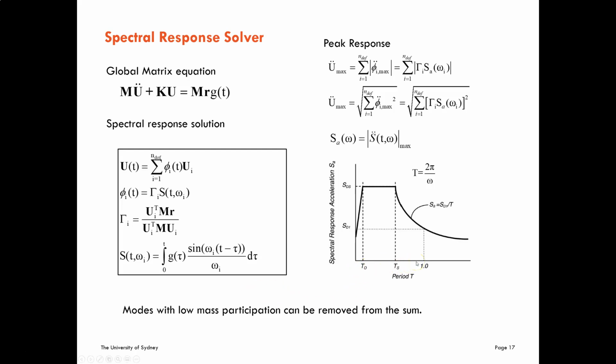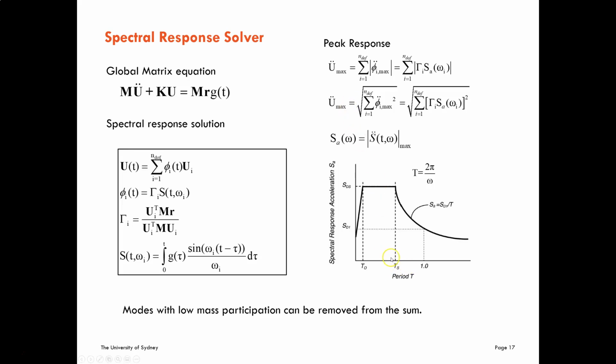If the period is too large, in this spectral response with very high periods, the modes are going to have very low influence. So you can reduce this sum to the first periods of the vibrational modes.